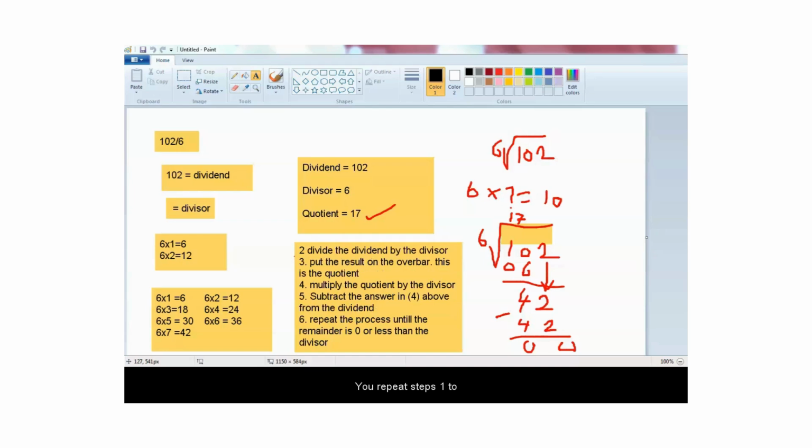You repeat steps 1 to 5 until you have a remainder of 0 or a remainder less than the divisor. That's it. In subsequent videos, we are going to look at more complex examples. Thanks.